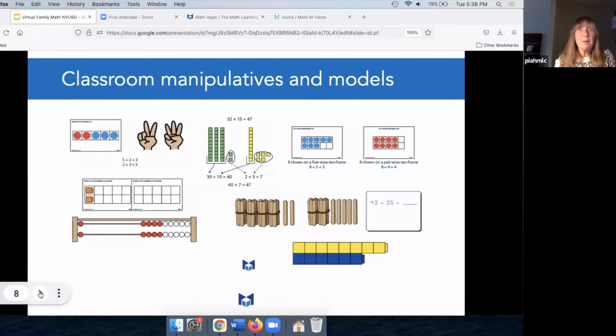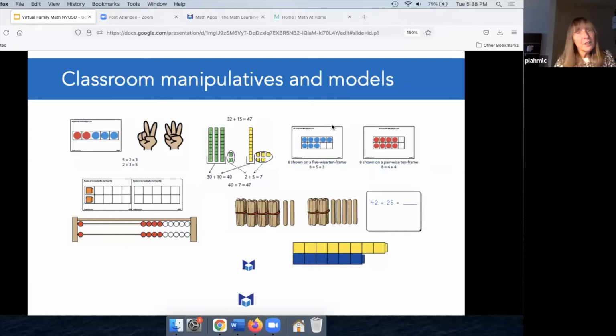So first we might have three-dimensional counting manipulatives, and we might even use fingers. And then they'll move towards representations like the 5 frame here in kindergarten or a 10 frame, for example.